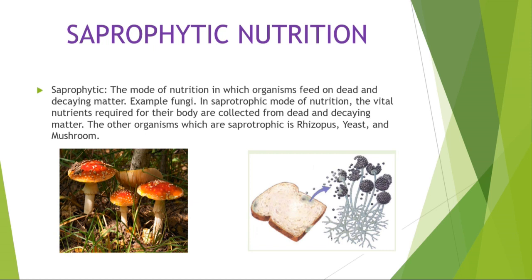Let's read what it defines. The mode of nutrition in which organisms feed on dead and decaying matter, for example fungi. In the saprotrophic mode of nutrition, the vital nutrients required for their body are collected from dead and decaying matter. Other saprophytic organisms are rhizopus, yeast, and mushroom.